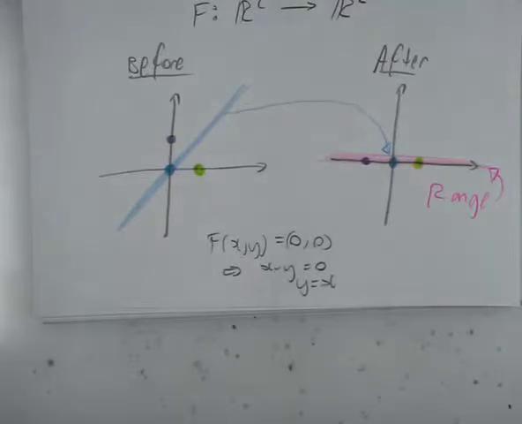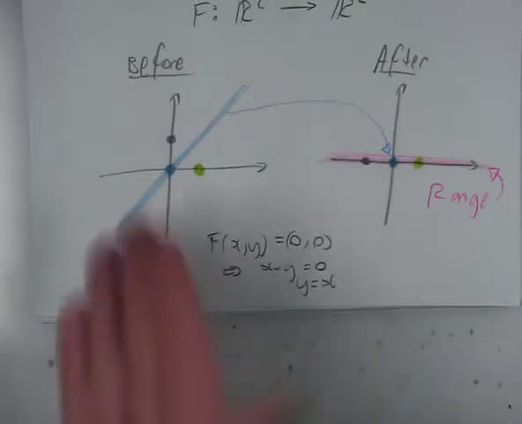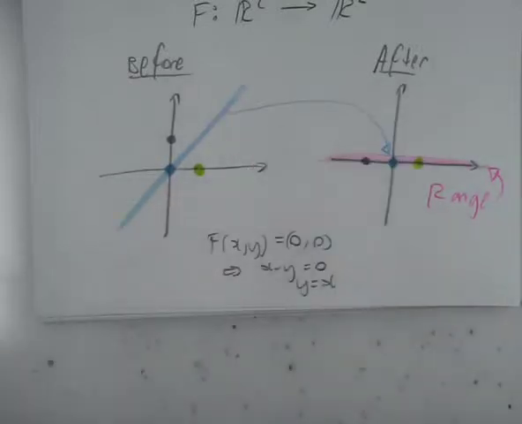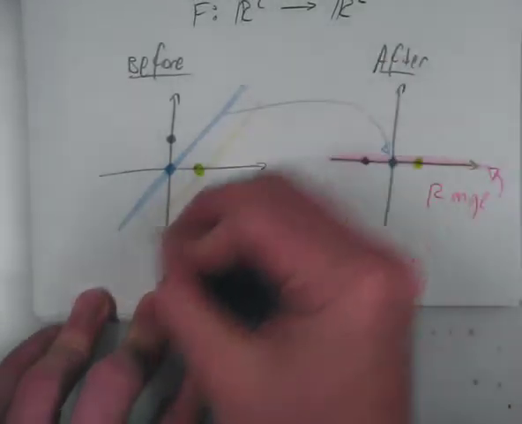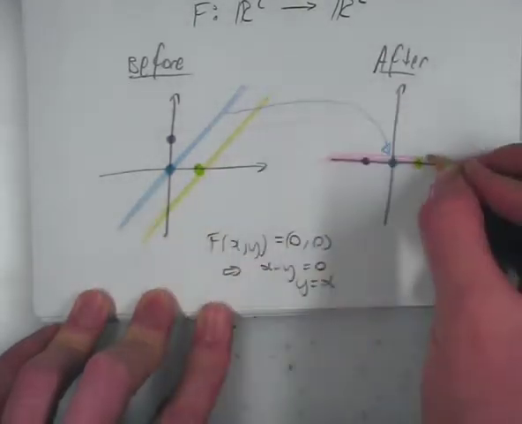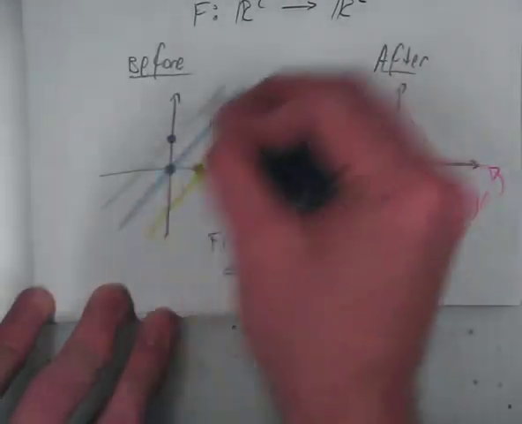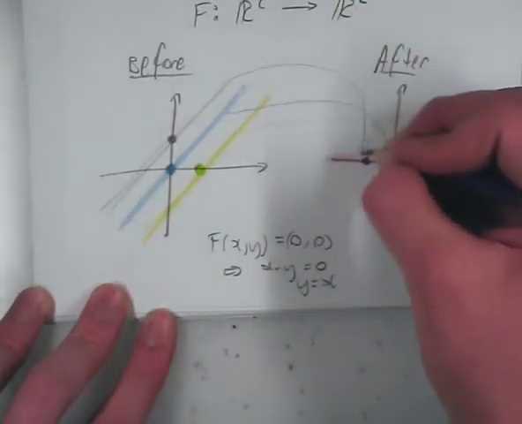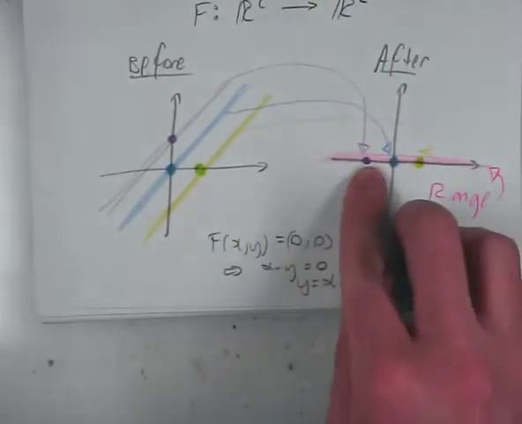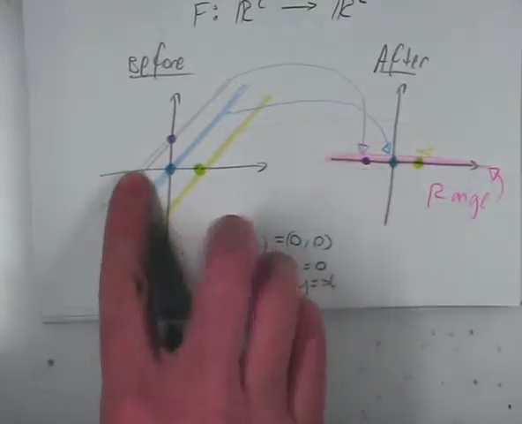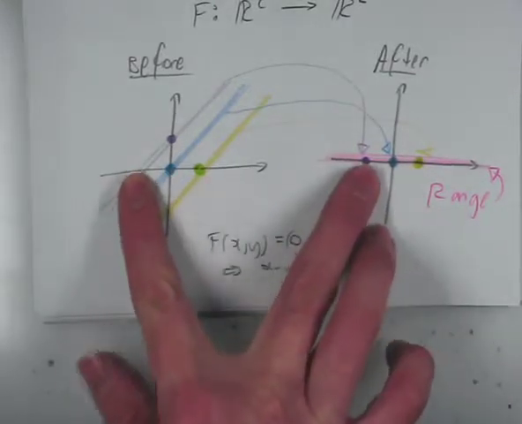And every single line that's parallel to that will end up at one of those points. So this line here, all of those points will end up there. And this line here, all of those points will end up there. You can see why, because its matching point on the x-axis doesn't move.